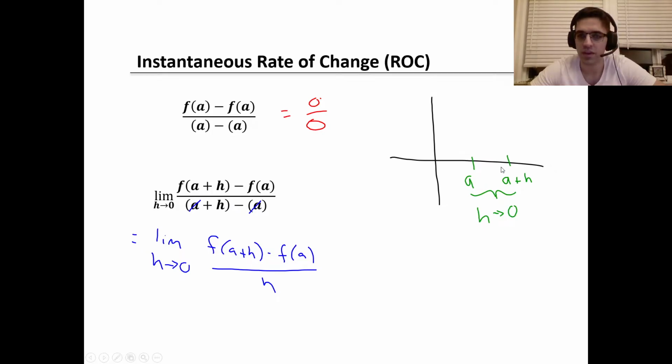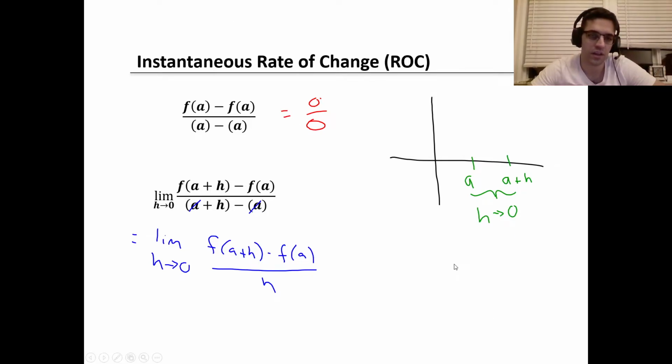We can't say h equals 0 because we get indeterminate form, but as h approaches 0, as this interval gets infinitely close to nothing, and as a plus h gets infinitely close to a, what would this difference quotient look like with that limit applied? This is going to be our definition for instantaneous rate of change.